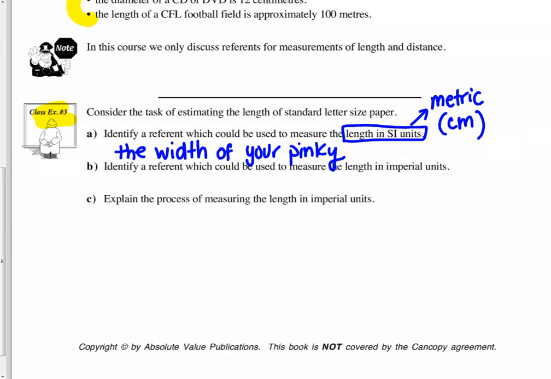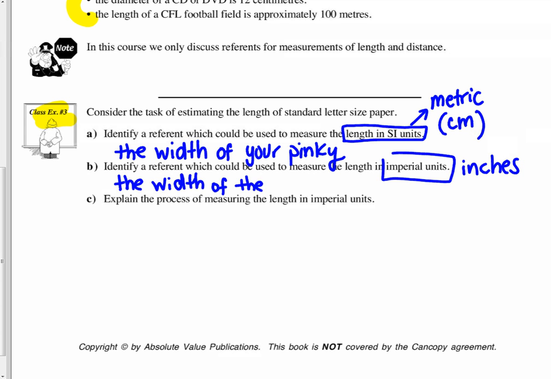Identify a referent which could be used to measure the length in imperial. So imperial, what unit would you use? Inches. So which referent? The width of a thumb across the joint. That's how they word it.